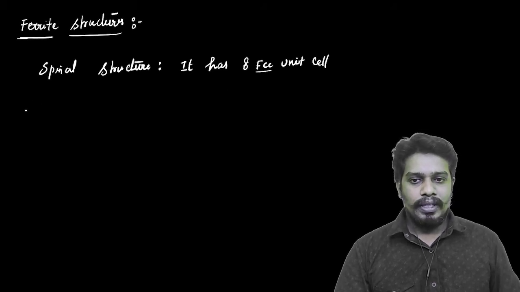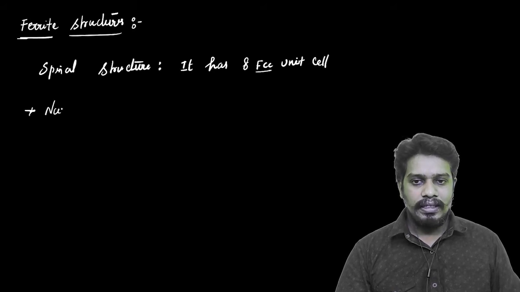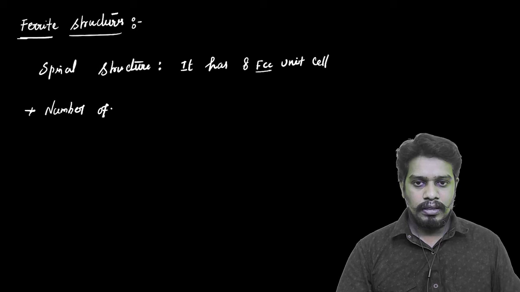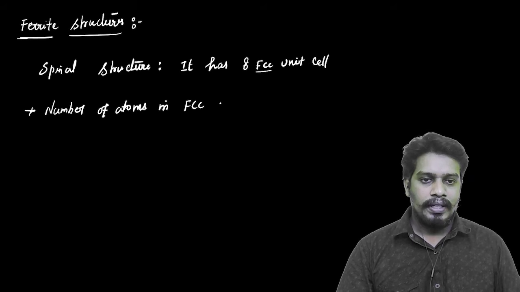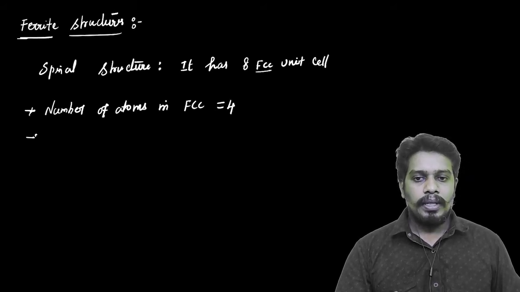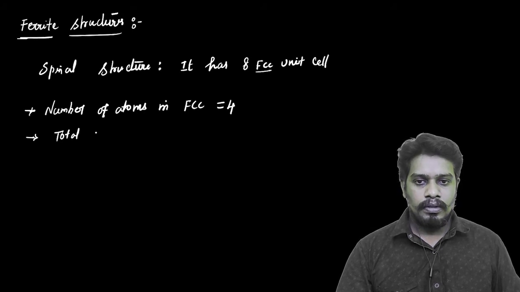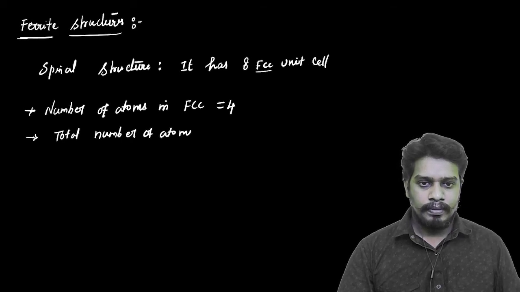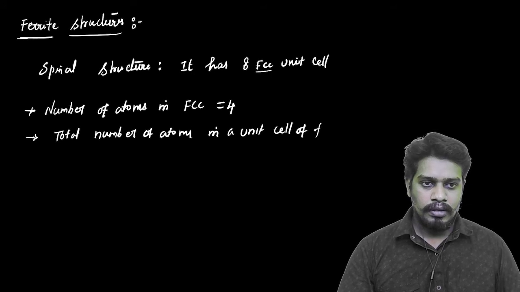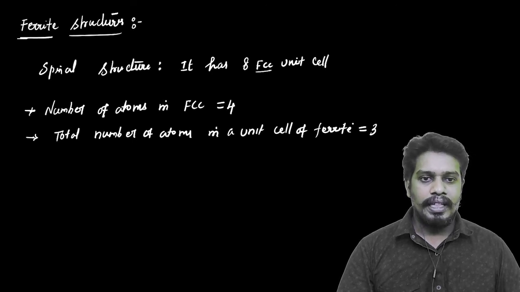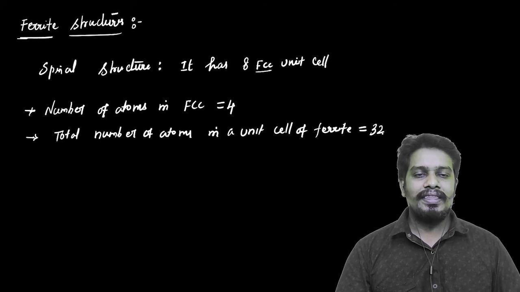We already know the number of atoms in an FCC cell is 4. So the total number of atoms in a unit cell of ferrite would be 8 times 4, which is 32, but that is not actually right.